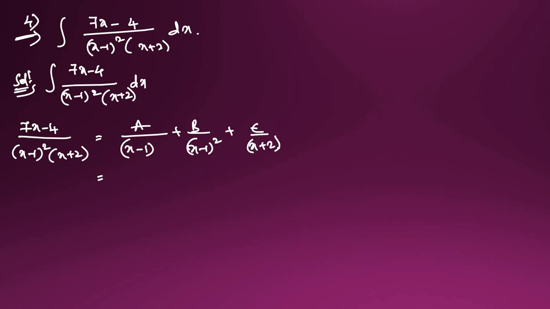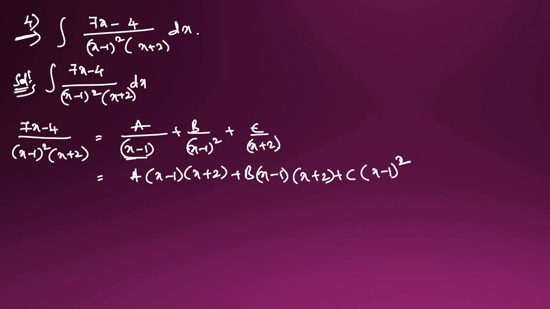Now cross multiplication again: A into (x minus 1) into (x plus 2), because (x minus 1) is there, plus B into (x minus 1) into (x plus 2), plus C into (x minus 1) whole square, equals 7x minus 4.